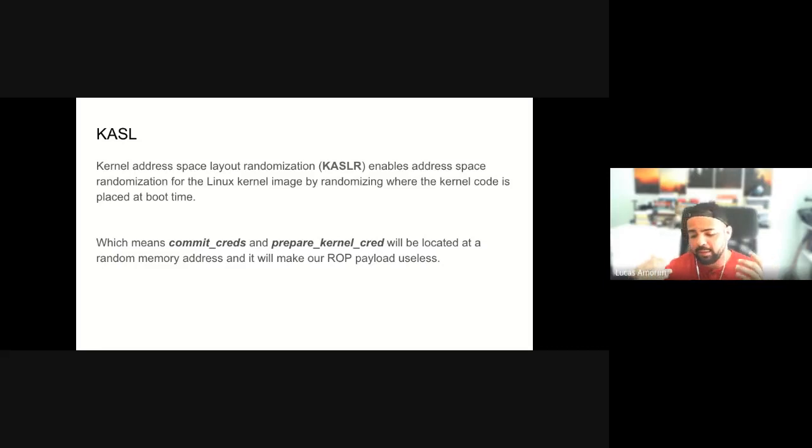And in my experience, it's been the most annoying part of writing kernel exploits, because one vulnerability in the kernel is probably no longer enough. You're going to have to chain a couple of vulnerabilities together, because to bypass KASLR we need to find an information leak.